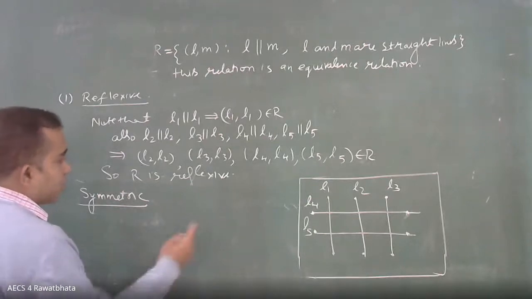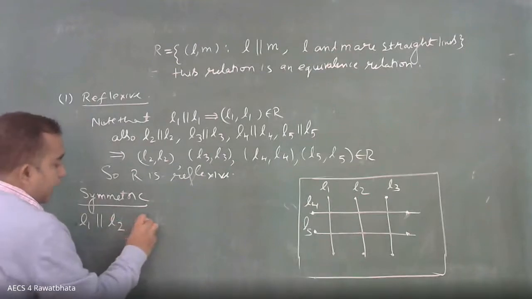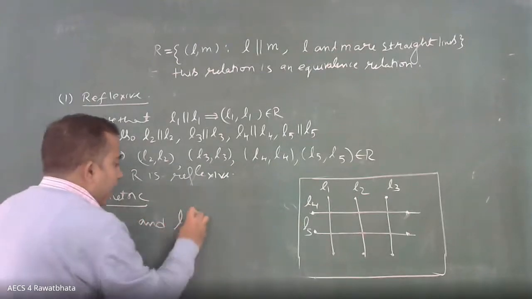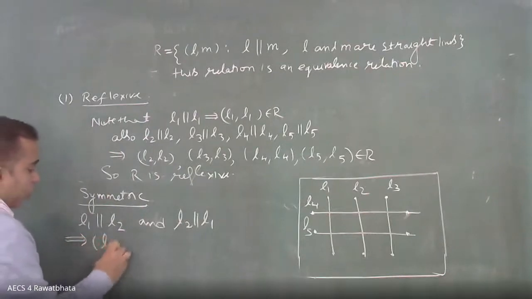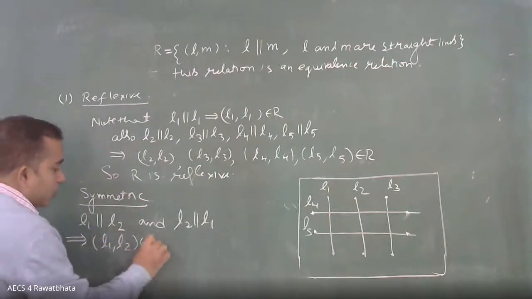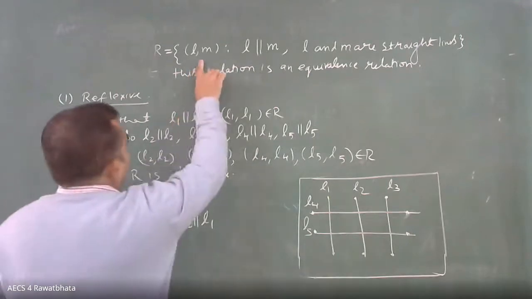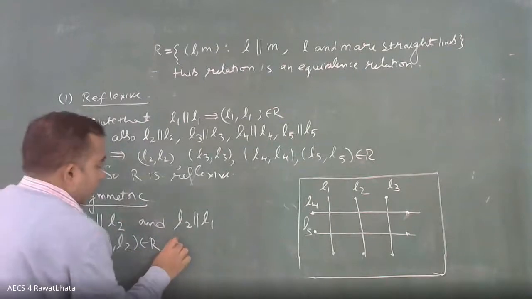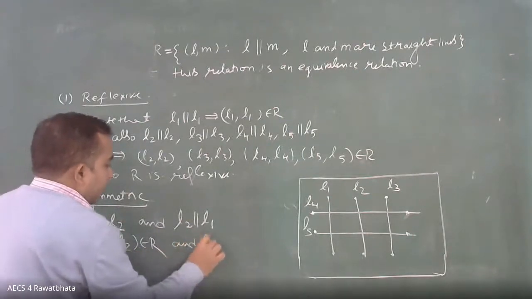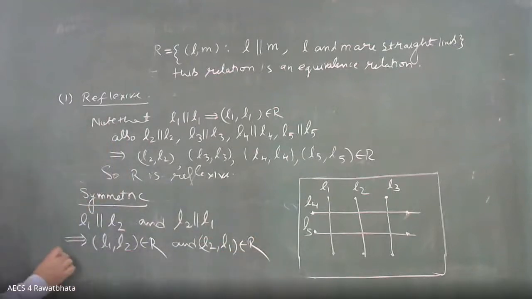Symmetric means L1 is parallel to L2 and L2 is also parallel to L1. Means what? Means L1 comma L2 belongs to R, because every two lines, if they are parallel, their ordered pair will go in R. This is the definition of R. So L1 L2 belongs to R and L2 L1 also belongs to R. Similarly, others also you can write.